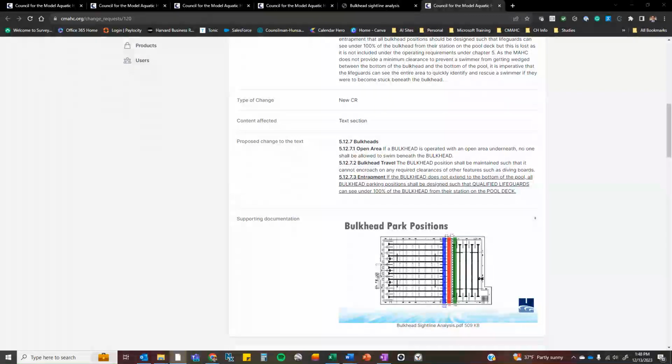Does the spirit of this one, is it also covered in the other bulkhead change request that was submitted that we talked about previously? Yeah, I think it was, because I want to say that one talked about being able to see underneath the bulkhead. Maybe we just need to pick the best one, or the most complete one, or the one that's most clear.